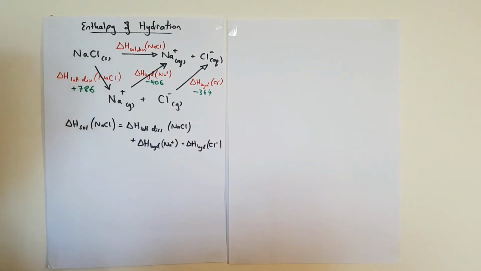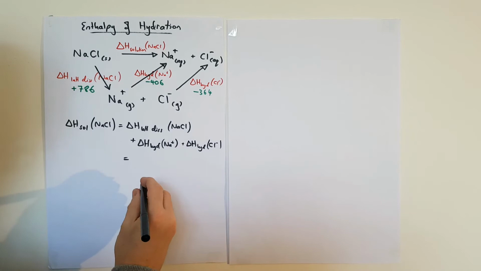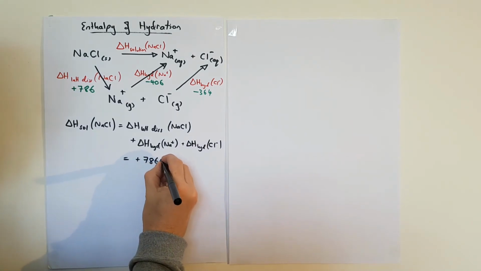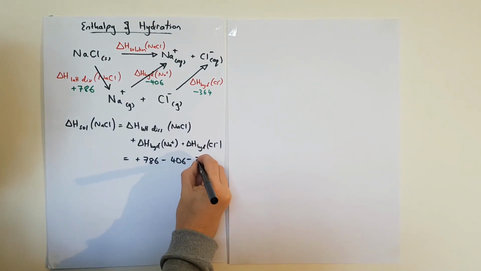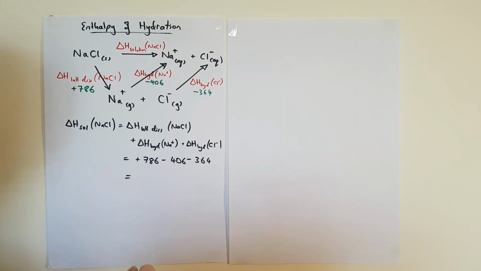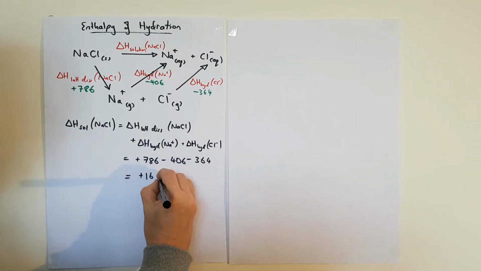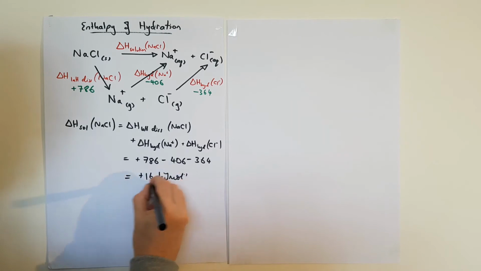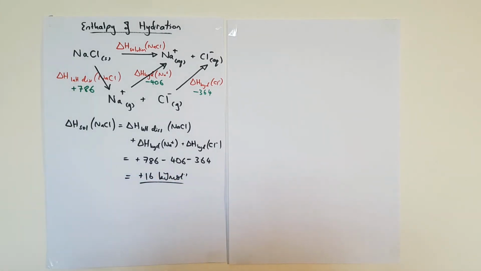So if I put those together, I get 786, 406, 364, and you'll notice they almost cancel each other out. In fact, the enthalpy of solution for sodium chloride is just endothermic. If you want to do a quick practical now and you've got a thermometer in the house, stick some salt in some water, give it a stir, you'll see the temperature goes down ever so slightly.